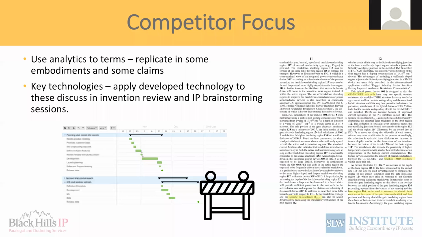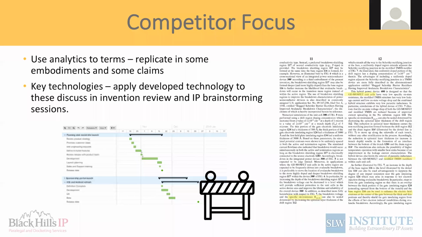There are two courses of action that I'm going to talk about here. One is to pull some of those key patents and take a look at key terminology. Take that key terminology and replicate it in alternative embodiments of filings that are going out.